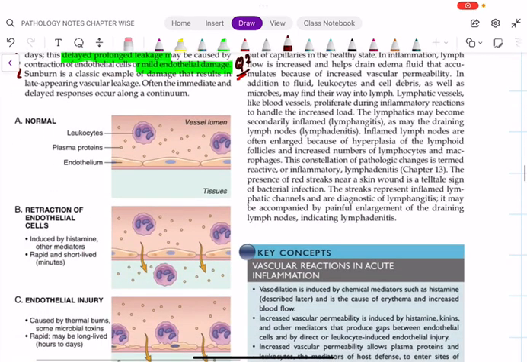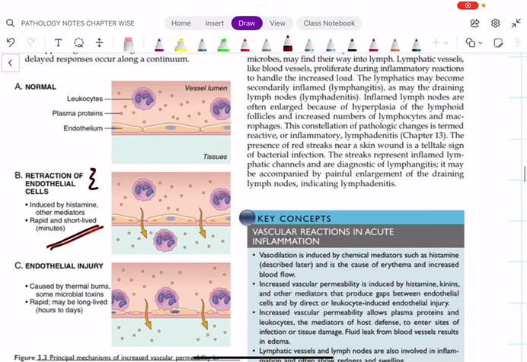You can see here there is a retraction of endothelial cells, rapid and short-lived, and because of endothelial injury, it may be long-lived. You can see the damage: the endothelium is getting damaged, but here everything is normal. There is only retraction here. Here there is damage.